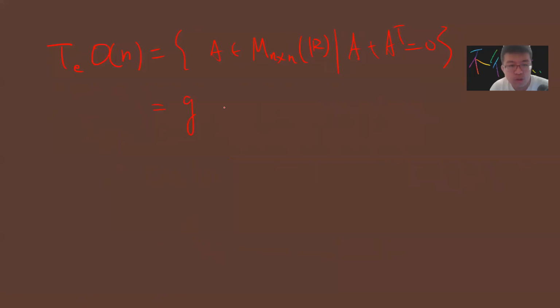So let's call it G. This is the algebra of G. Okay, so this is the algebra, and this is the group. So the tangent space at the identity, the definition of that tangent space, the element of that tangent space is called the algebra.